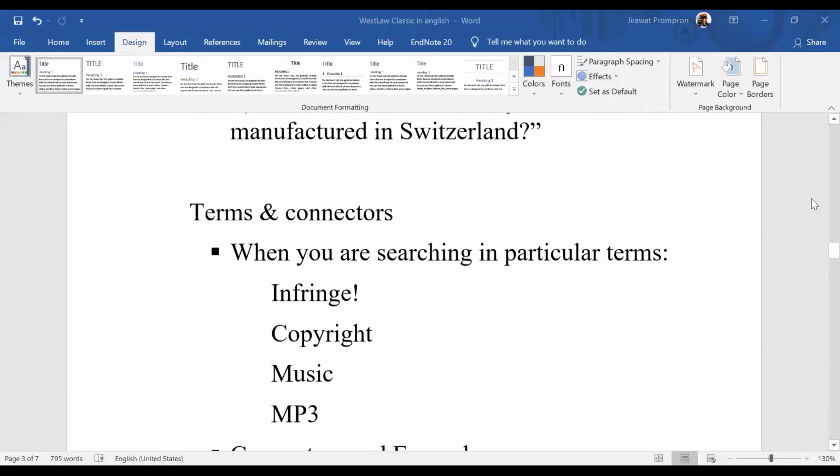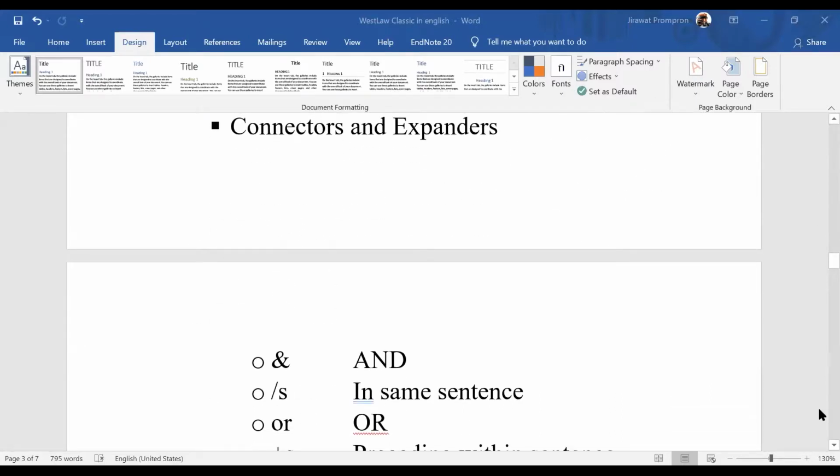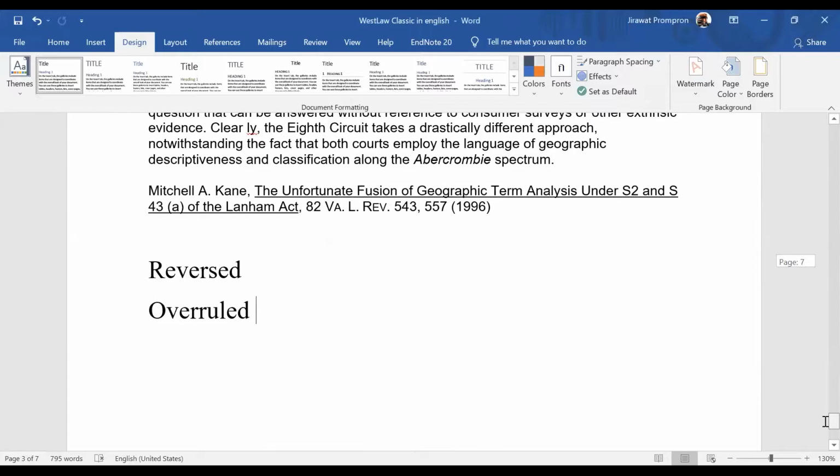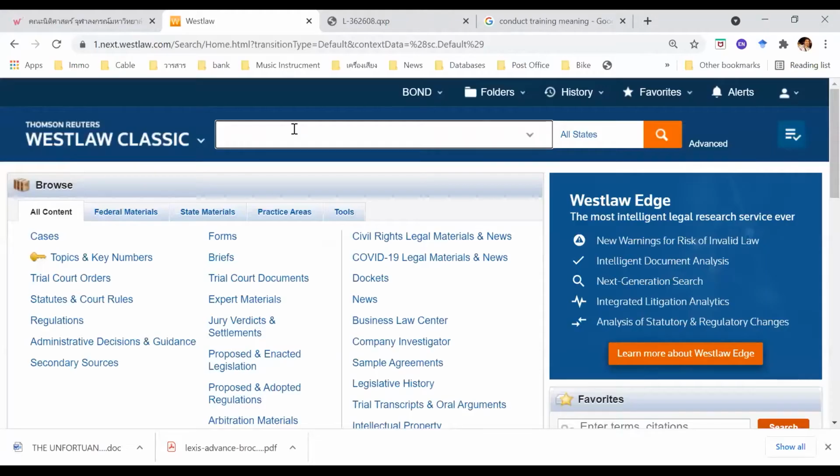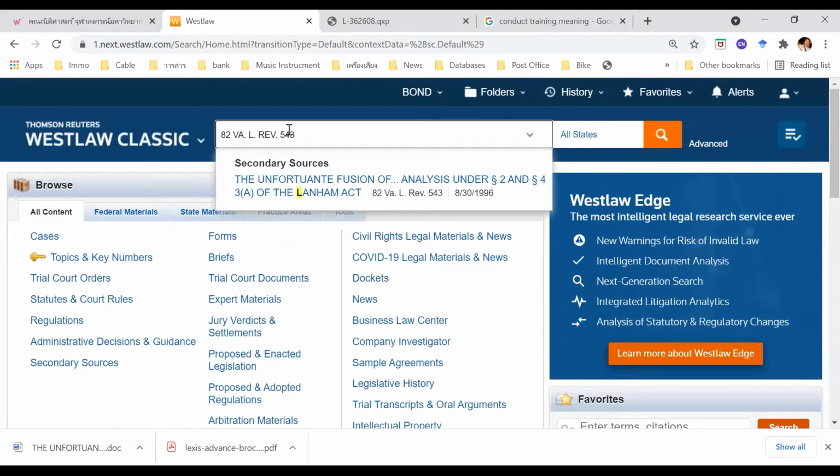Just this one. Sometimes you get the left hand, let me show you a bit, just a minute. You got on this, the left hand, you just copy on this, and search it in Westlaw without selecting the source.